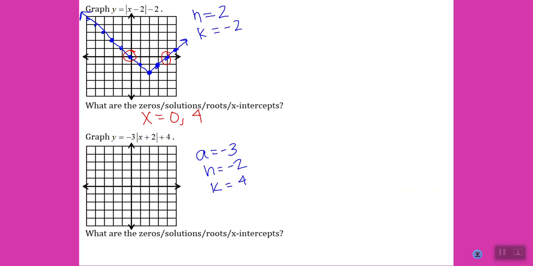So if we start at (-2, 4), and then our graph is stretched and flipped because of the -3, we'd go down 3 over 1, down 3 over 1. Same thing on the other side.